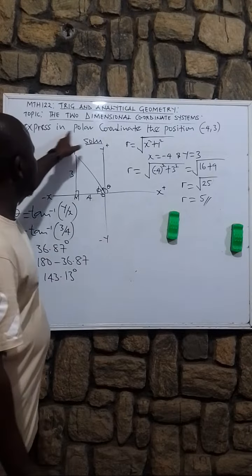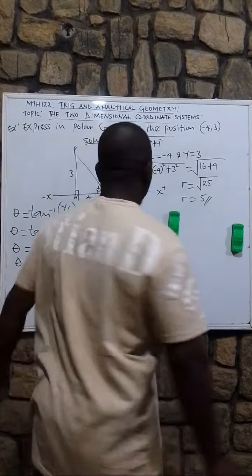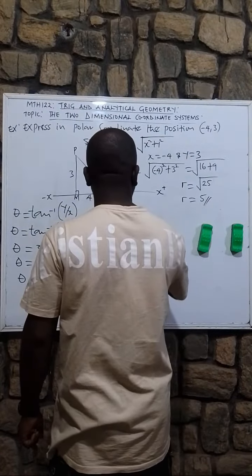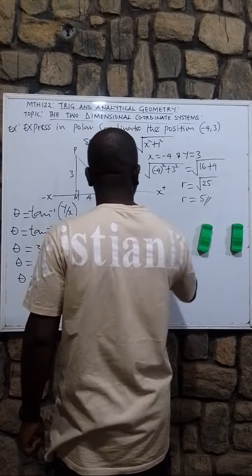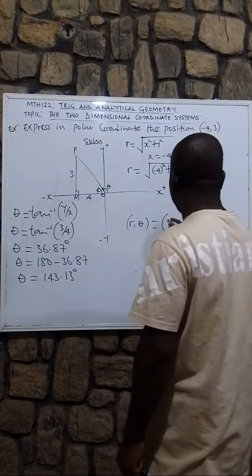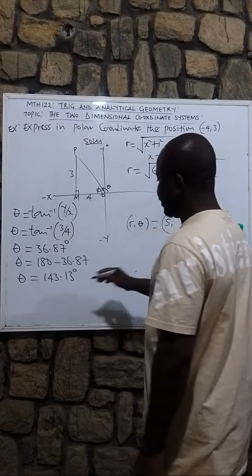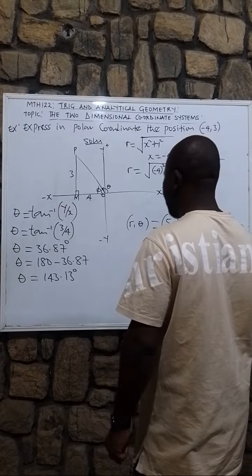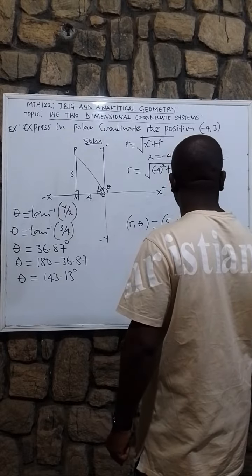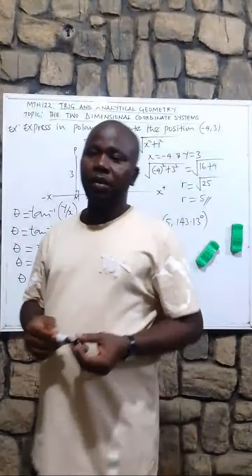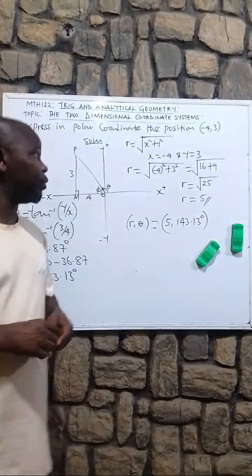Since they said express in polar coordinates the position, the polar coordinate is r comma theta, which is equal to, what is your r? r is 5, then theta is 143.13 degrees. So this is how you are going to solve this type of problem.